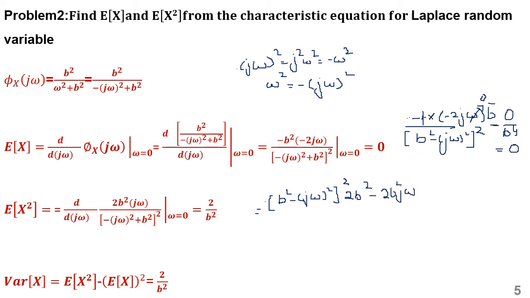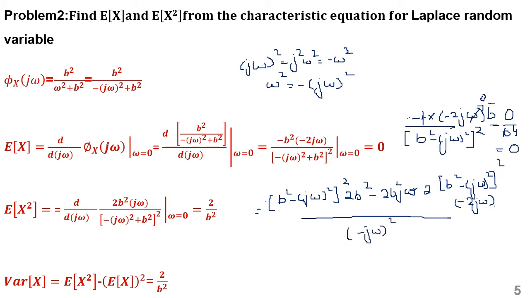It is 2 times (b square minus (j omega) square), the whole square, and differentiate minus 2j omega divided by the denominator term, that is (minus (j omega) whole square plus b square), the whole square.